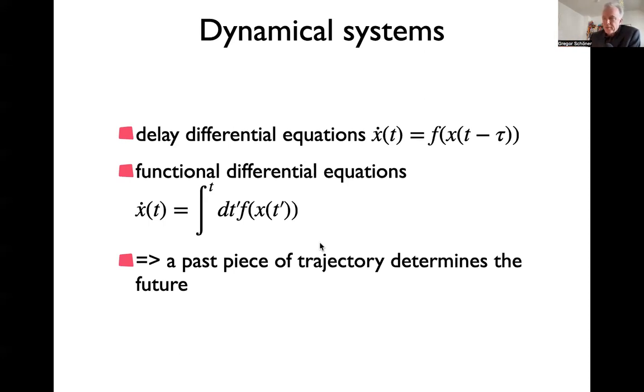The delay just shows up because you didn't include those other physical variables that determine the future in your model. So it's a simplification that leads to that complication that you have to take the past into account. So here in this course, we're not really dealing with this. I just mentioned this as a clarification if you're confused about this notion that the present determines the future. So these are special extensions of that concept.